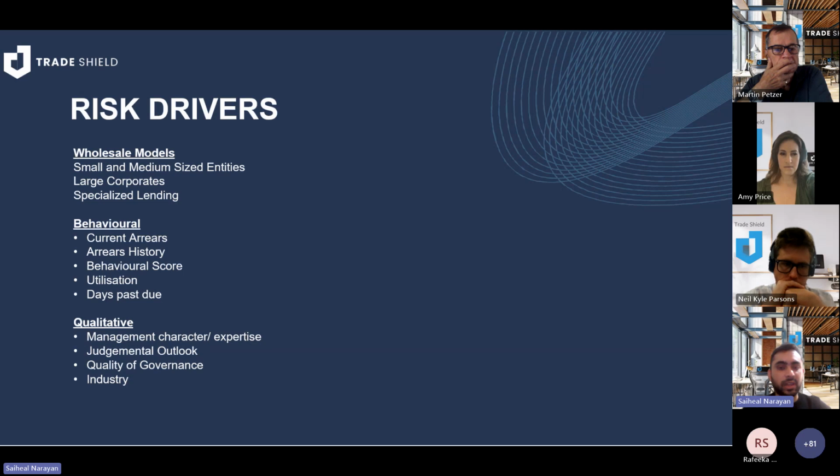Quality of governance is around how many directors you have, and the industry itself. What industry do you operate in? These are just some of the risk drivers we take into account. Obviously, it can be much more depending on the client, the industry they're involved in, and the data they have. The more data you have, the better it is to calculate these risk drivers.